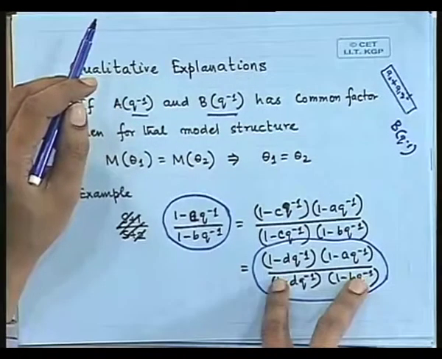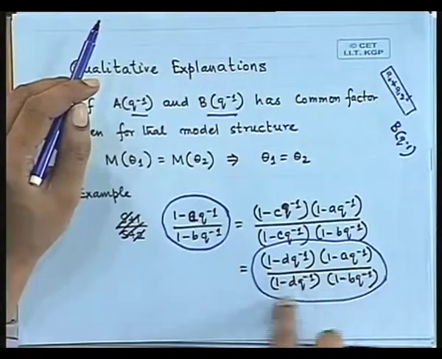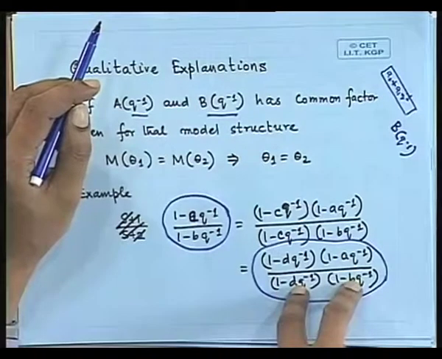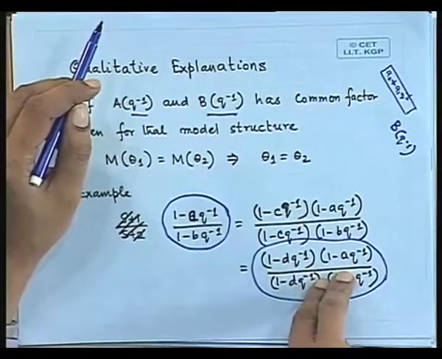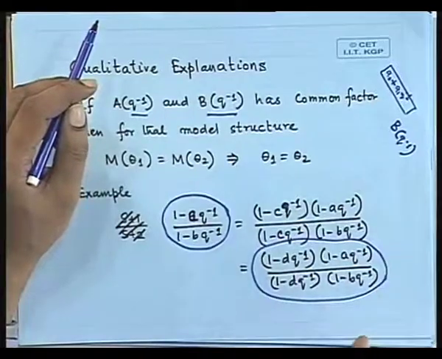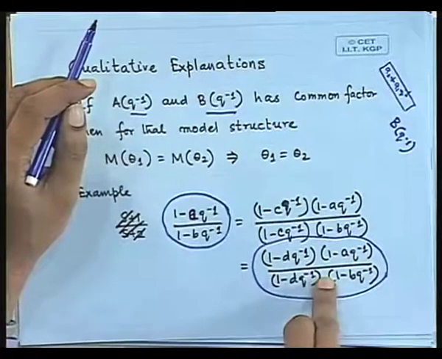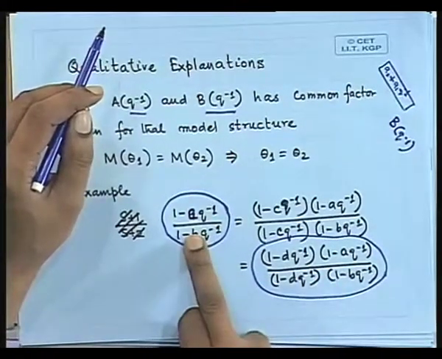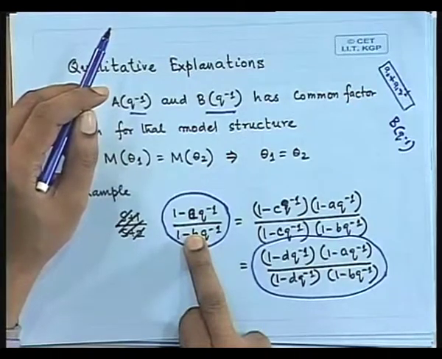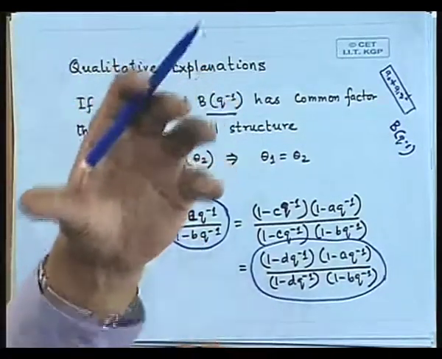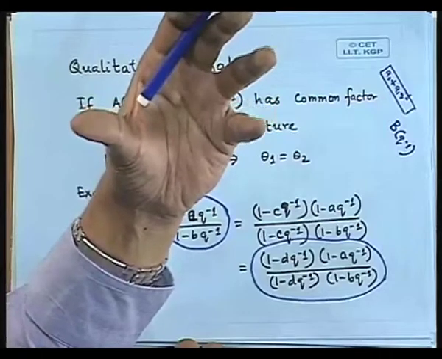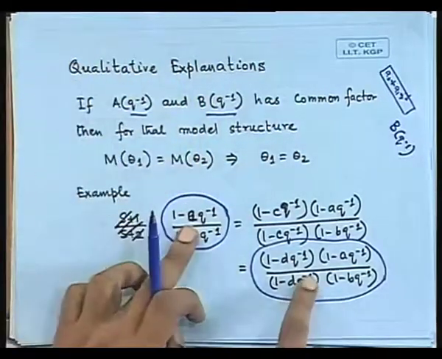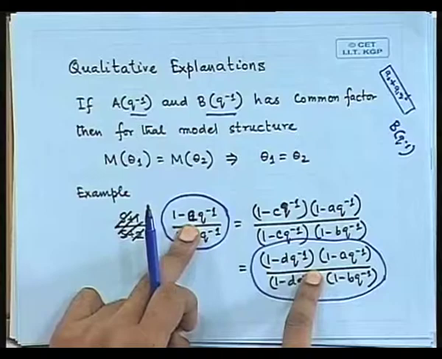If you really break it up, the forms will look different, but for arbitrary values of A, B, C, D, this system is the same as this system. So a model is the system itself in whatever way it is parameterized. These two systems are the same, but their parameterizations are different.